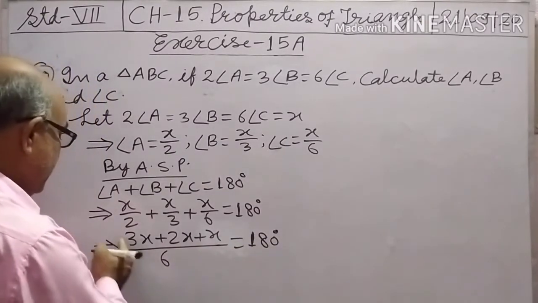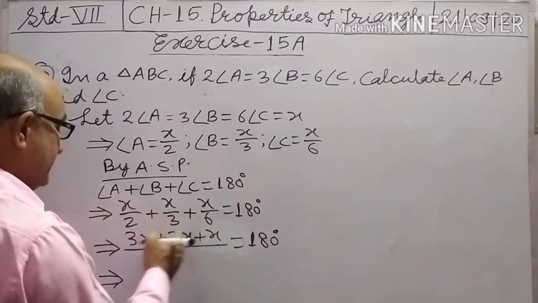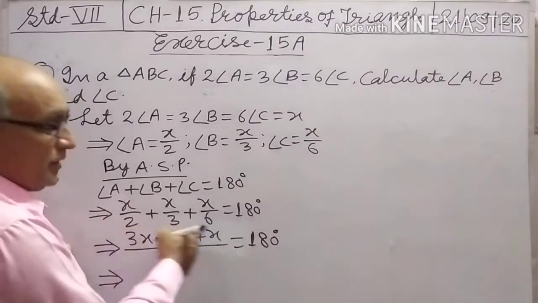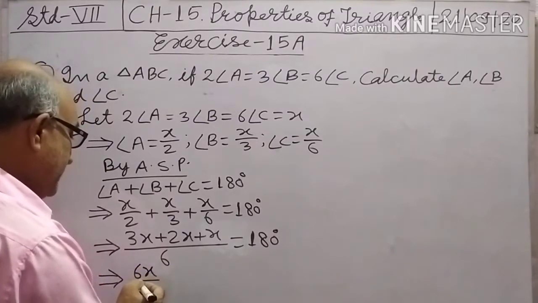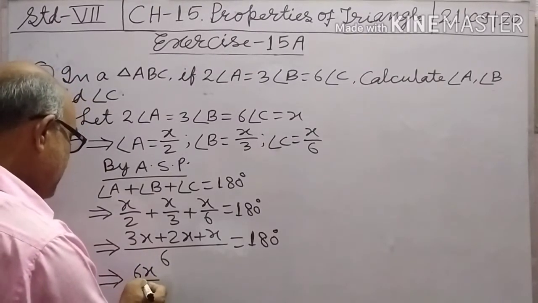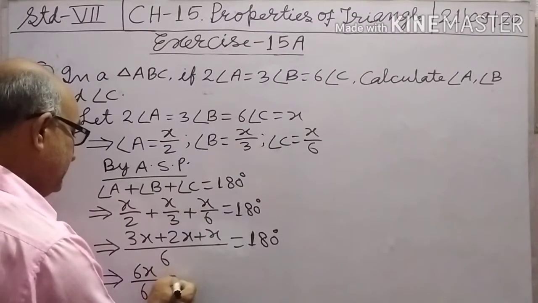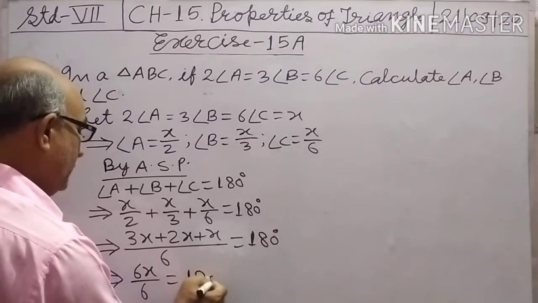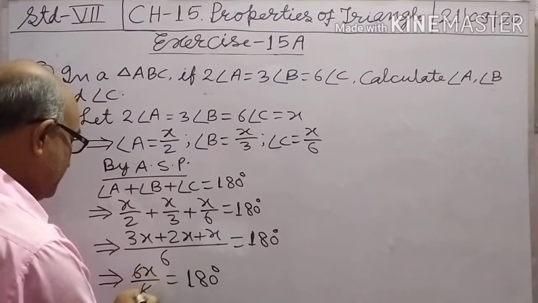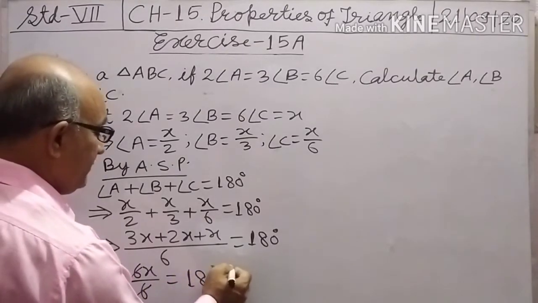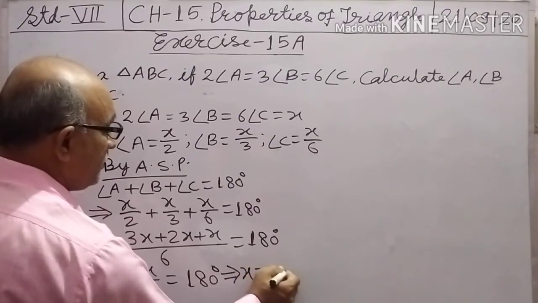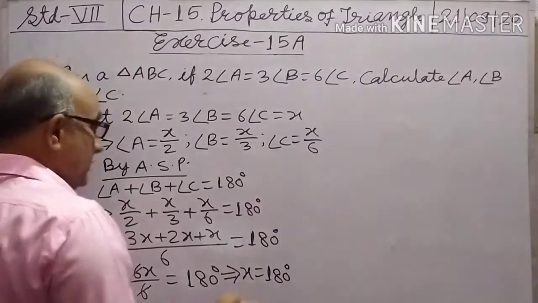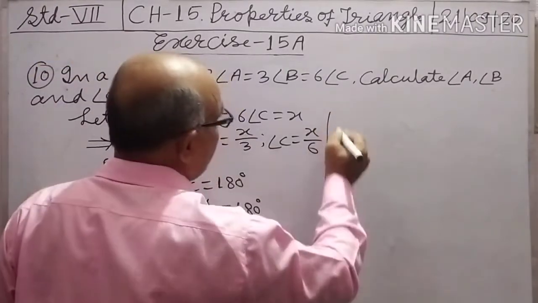That implies 3x plus 2x plus x, 3x plus 2x 5x plus x 6x, 6x by 6 equal to 180 degree. 6 to 6 cancel. So that implies x equal to 180 degree.